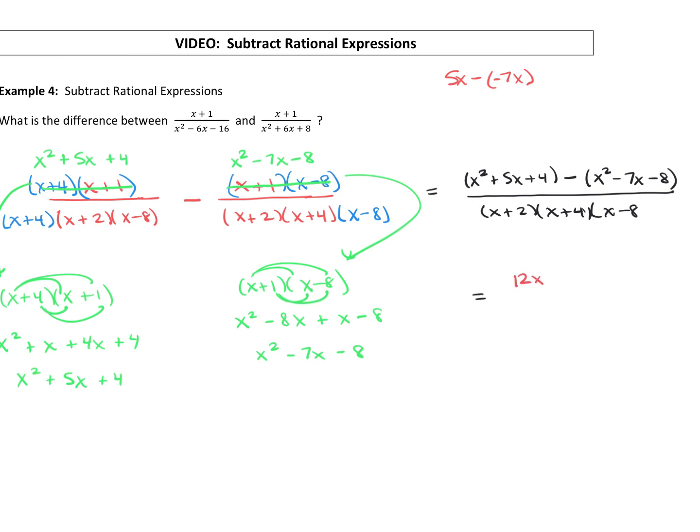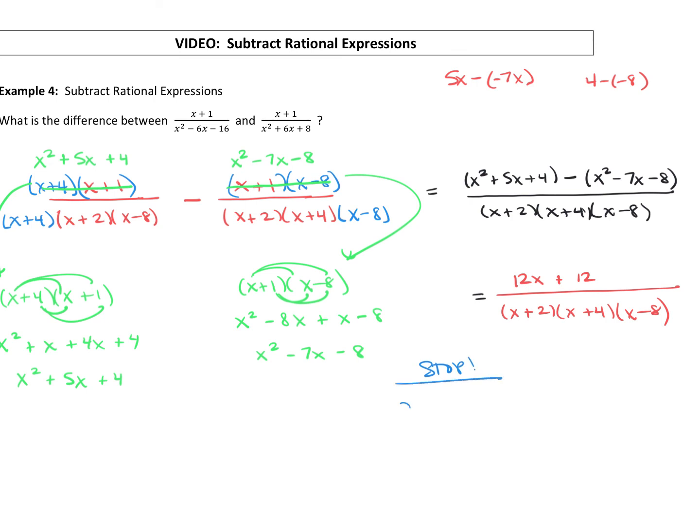Then we have a 4 that will combine with a minus 8, but we're subtracting it. So 4 minus negative 8 turns into 4 plus 8, so plus 12. Over our denominator, x plus 2, x plus 4, x minus 8. Oh, I forgot my parentheses on that last one. That probably bothers some of you.